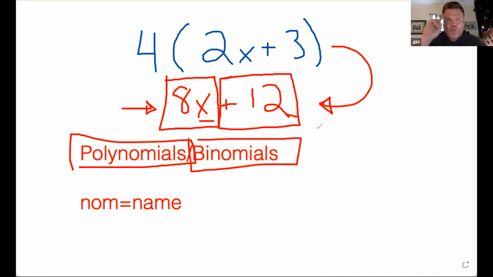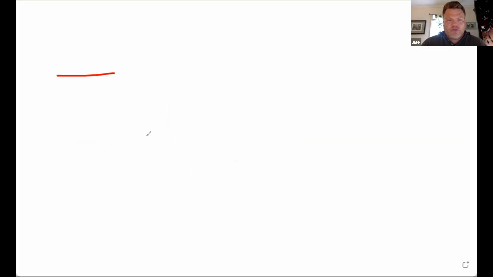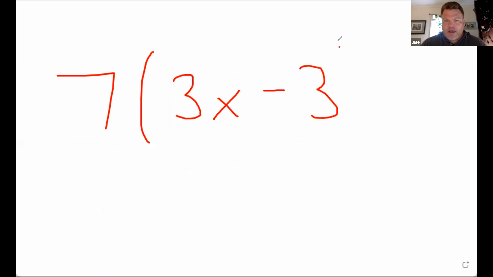So that is one extra way that we're going to handle the Please Excuse My Dear Aunt Sally rule, which is distribute. When you see stuff that we cannot quite deal with by following the rules normally, like 3x minus 3, you can't do anything with it. But this 7's out here.